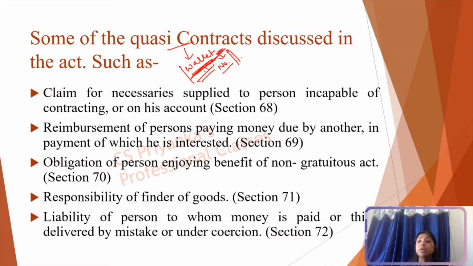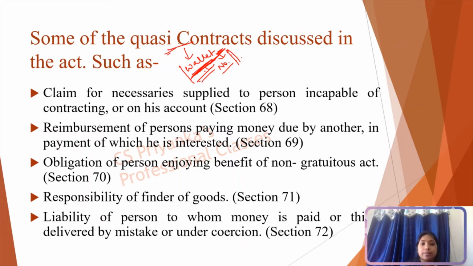You should save that person, you should help that person. That is quasi contract. That means actual contract or agreement is not there, but in absence of it, suddenly the law creates some responsibilities. That is actually quasi contract. I think now it is clear to you.